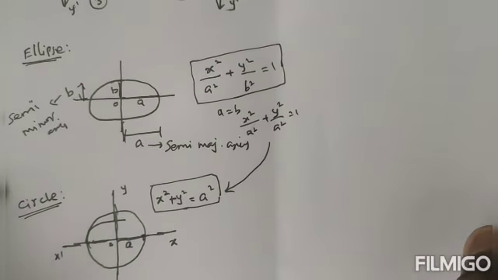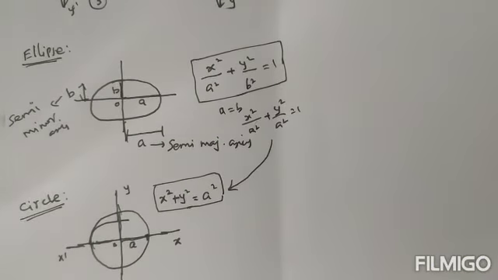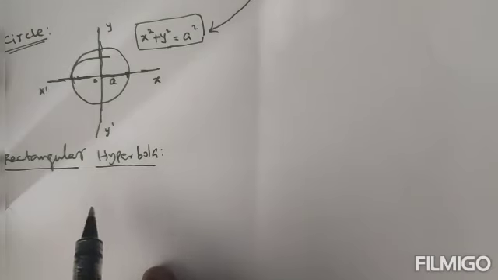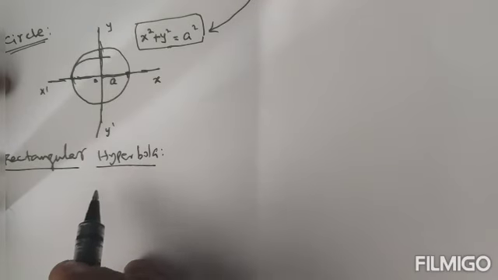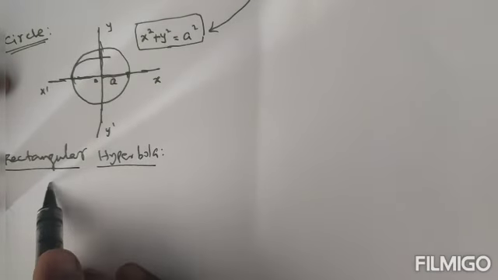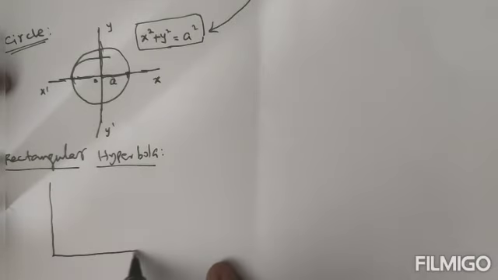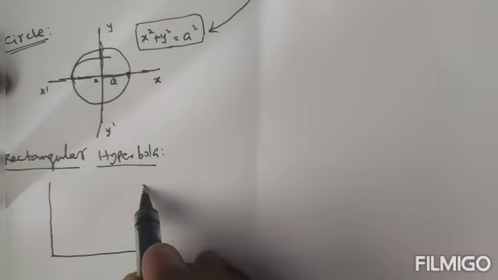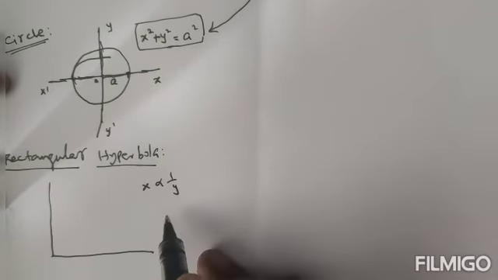Okay, and then the next structure, rectangular hyperbola. If you observe this one, y-axis, x-axis, here we can say the x-axis value is inversely proportional to the y-axis value.